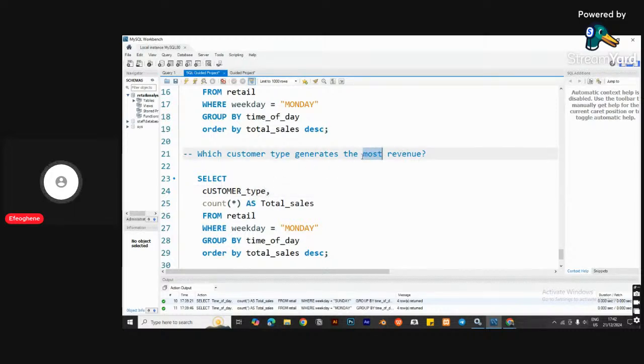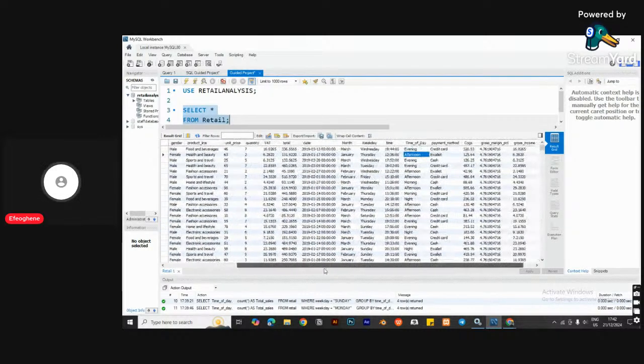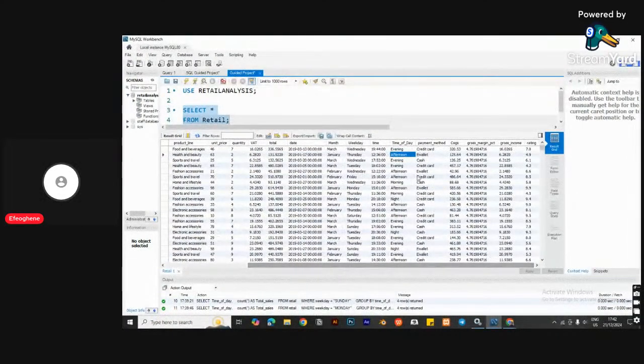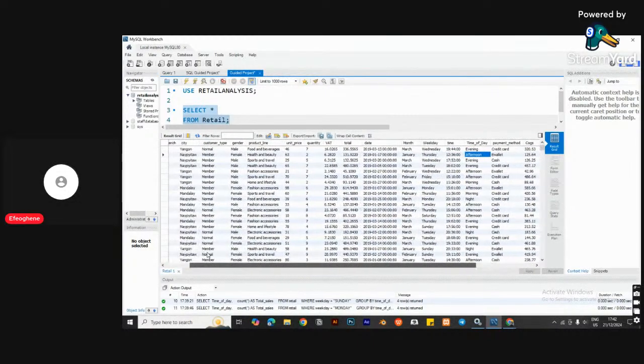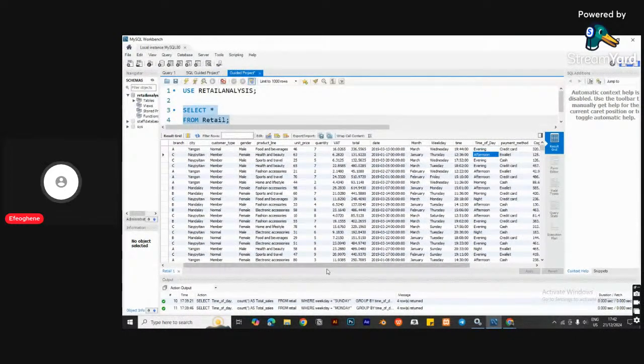Most revenue. So this should imply, all right, we're not going to use count, we're going to use the sum function. Most revenue is referring to the revenue column, but in this data set, it's not named as revenue, it's named as total.